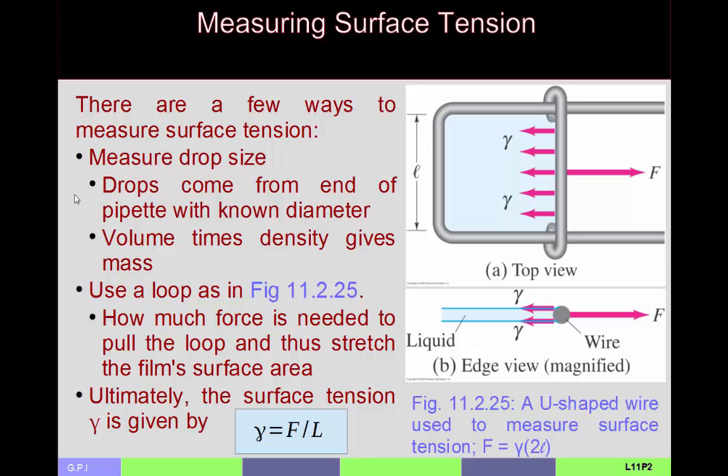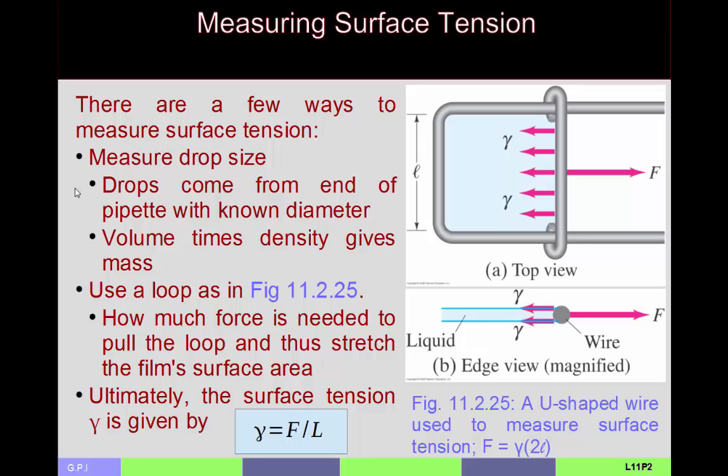The volume times the density gives you the mass. Basically, if you know what the length is, the surface tension is usually given by force divided by length. So if you know what the diameter is, you know what the circumference is, that's your length term. You know what the weight is, that's your force term. And so the surface tension is the ratio of those two.